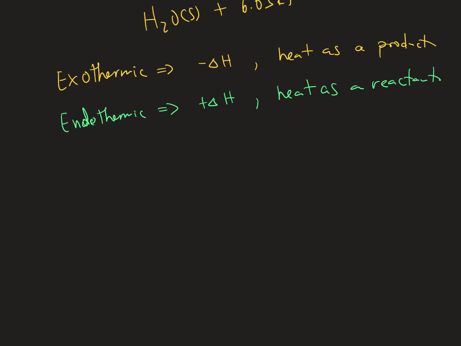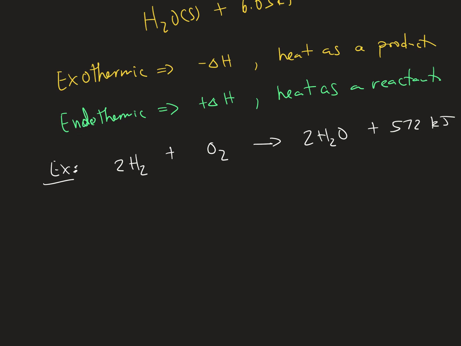All right, so let's do an example here. So we have 2H2 plus O2 forms 2H2O, so this is balanced for us, plus 572 kilojoules. Exothermic or endothermic? Exothermic.